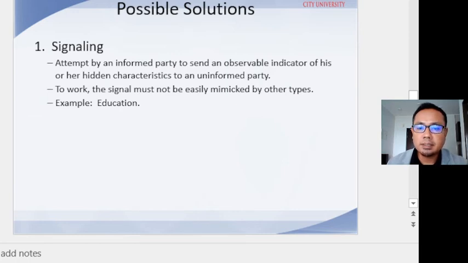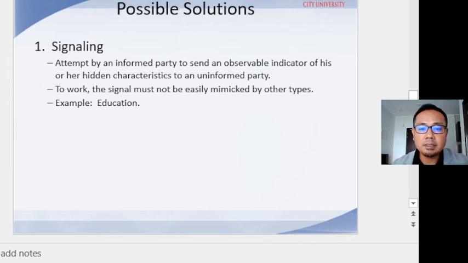So in product markets, firms use a host of devices to signal product quality to consumers. What we call money back guarantees, free trial periods, and packaging labels that indicate the product has won a special award, or that the manufacturer has been in business since maybe 50 years ago, or maybe 100 years ago.